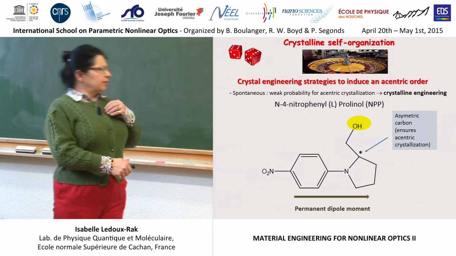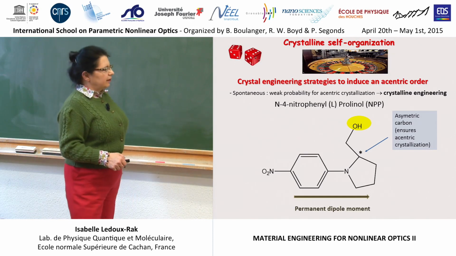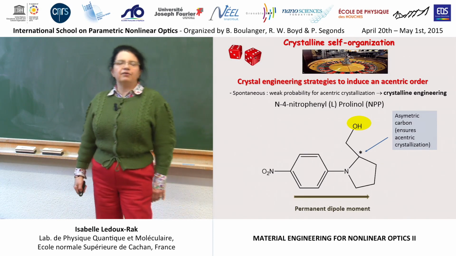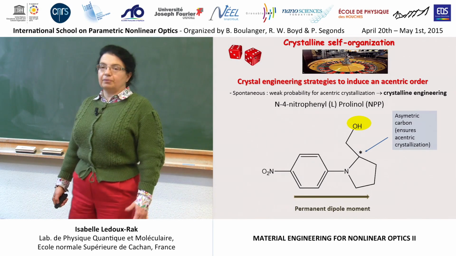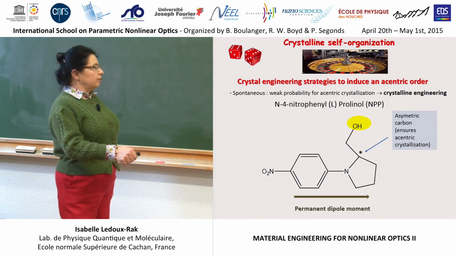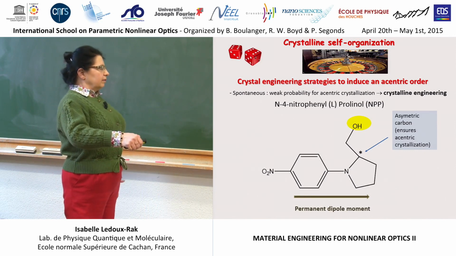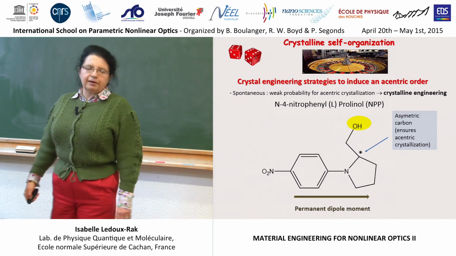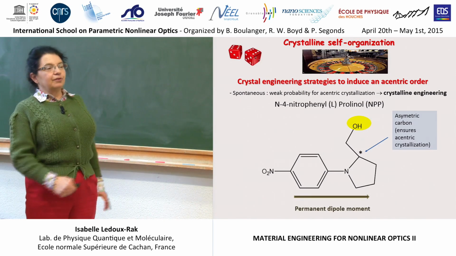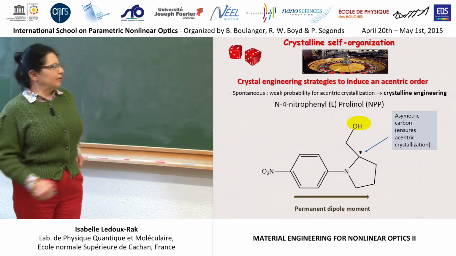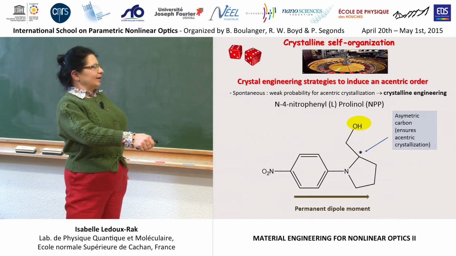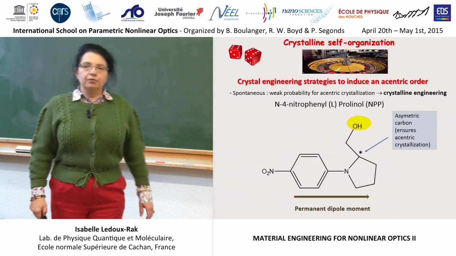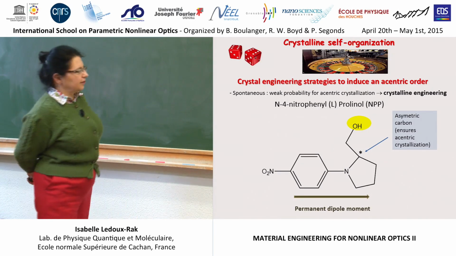And in crystallography, it is well known that any molecule having an asymmetric carbon crystallizes in a non-centrosymmetric system. This procedure was very popular in the beginning of nonlinear optics. So people used to synthesize a lot of molecules having asymmetric carbons. And the results were relatively disappointing in general.